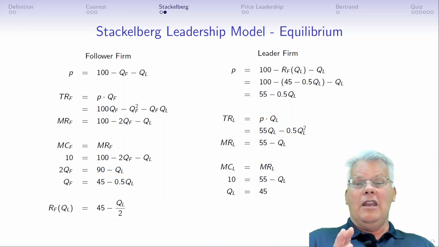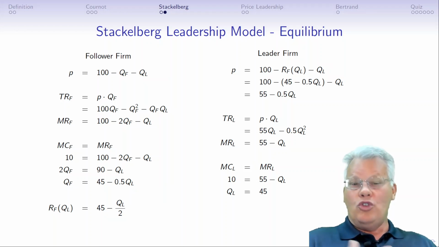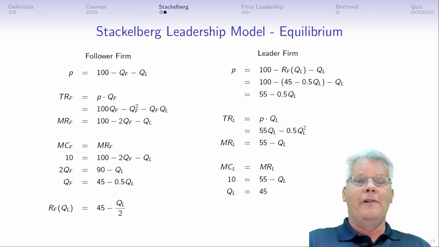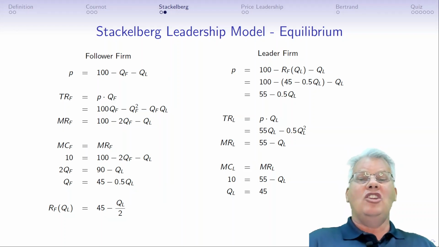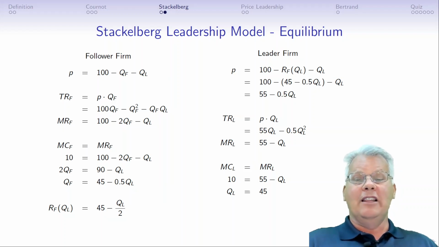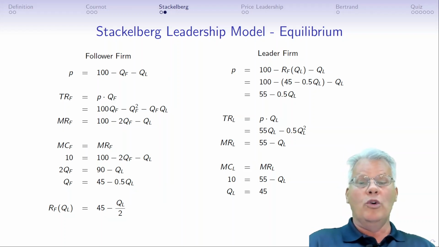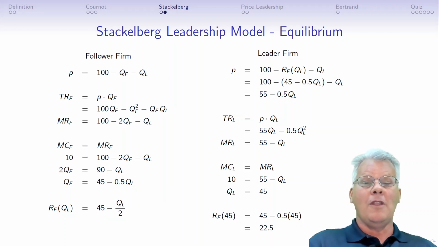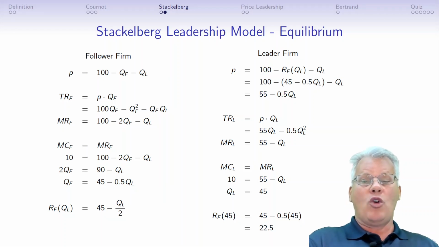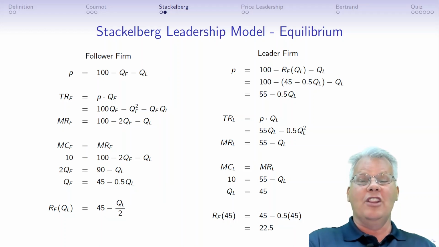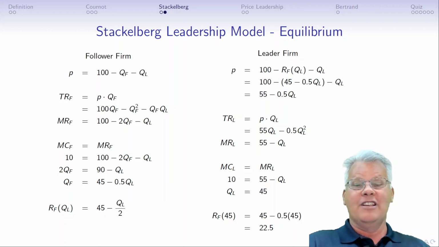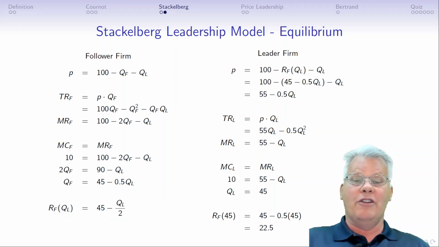So we can compute total revenue for the leader firm, differentiate to get marginal revenue. We set the leader's marginal revenue to the leader's marginal cost, and we get the quantity that the leader will produce. If we take that quantity of 45, which the leader firm will announce, we substitute that into the follower firm's reaction function.